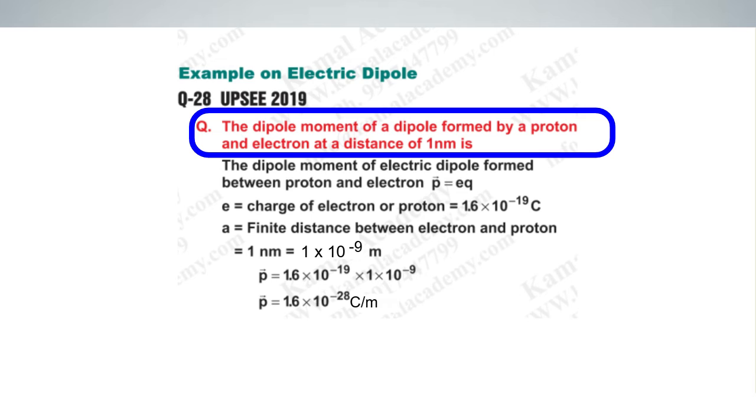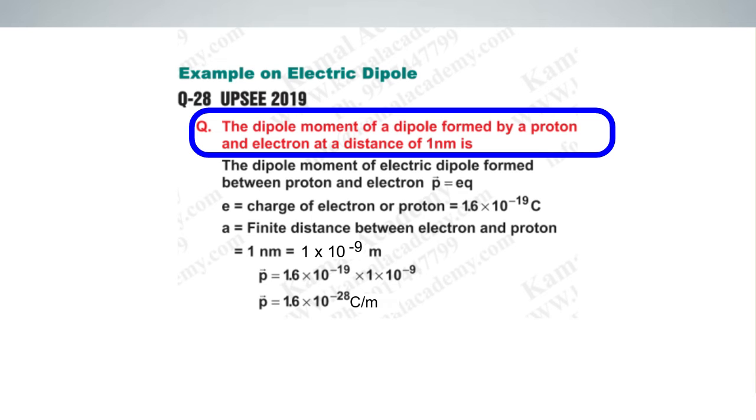In this question, we are given a proton and an electron of equal and opposite charges. Hence the system constitutes an electric dipole. The distance between electron and proton is 1 nanometer. We have to determine the dipole moment associated with this electric dipole.